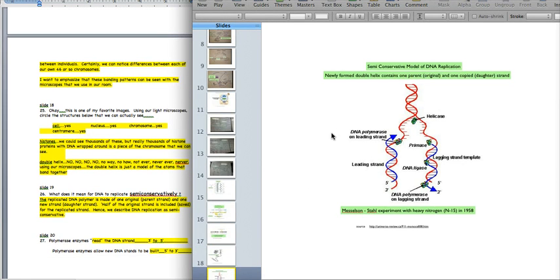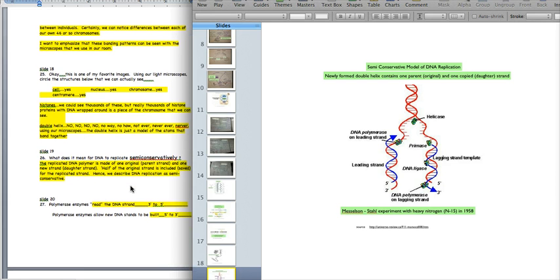Okay. Yes, now the model for replication. If you still have trouble understanding leading and lagging strands, let me know. Essentially, if you remember that polymerase enzymes read at 3 to 5, and it's really working towards the bubble, that would be the leading strand. So if you look at this picture here, the blue is the new strand being built.